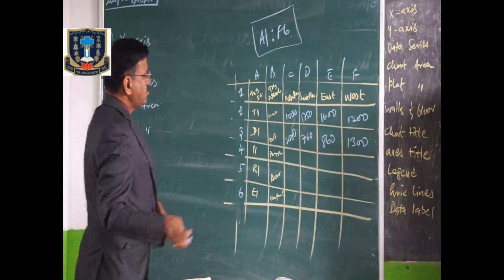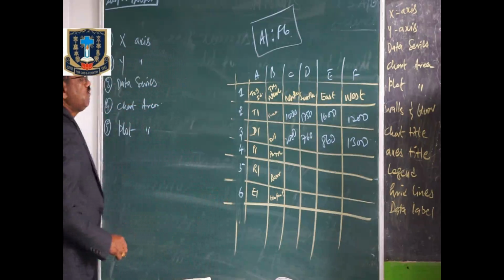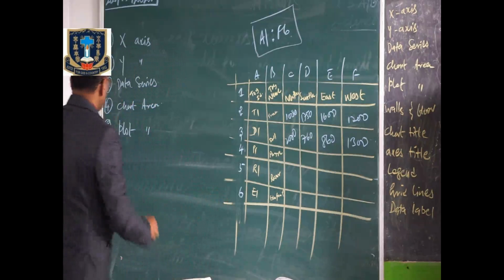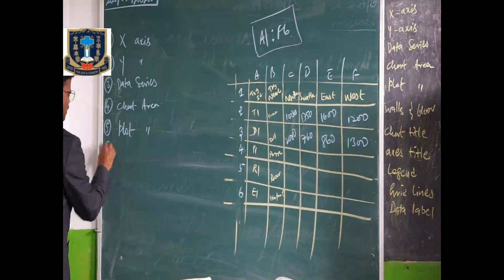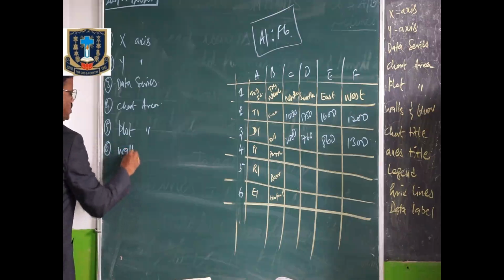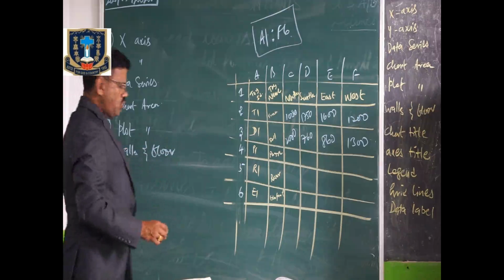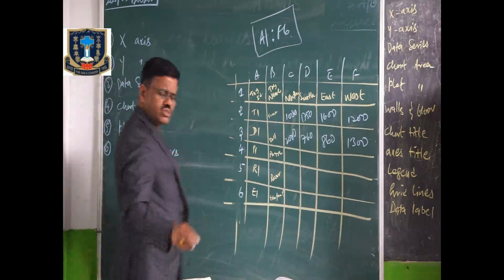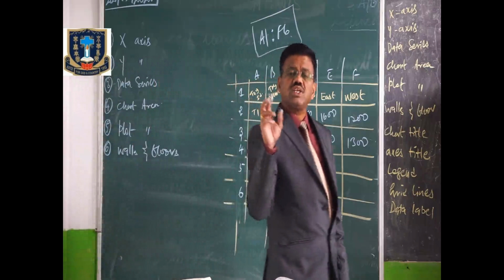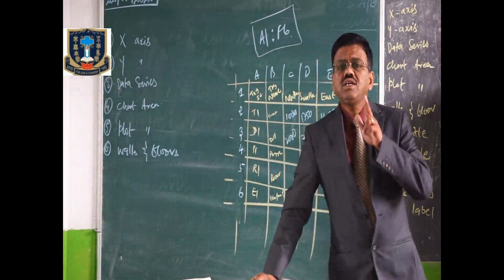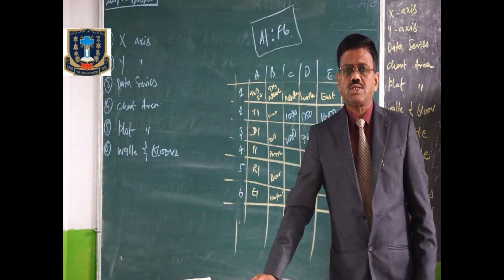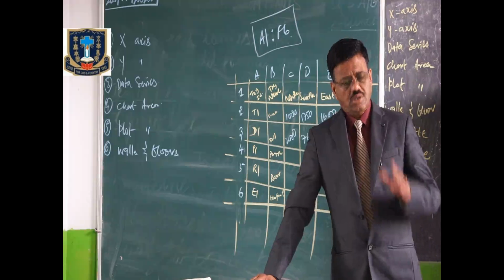Right? Then afterwards, walls and floors. What do you mean by walls and floors? This I want to elaborate today. Walls and floors. Whenever we use this term, it always indicates 3D charts. What do you mean by 3D charts?